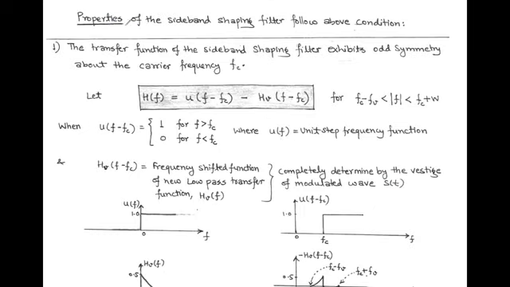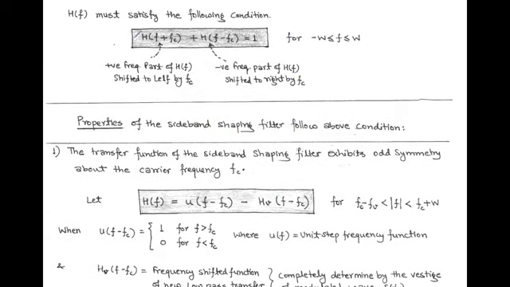Next, we talk about the properties of the sideband shaping filter that follows the above condition. The first property is that the transfer function of the sideband shaping filter exhibits odd symmetry about the carrier frequency. So according to this property, we consider the transfer function H(f) equal to u(f minus fc) minus H_v(f minus fc).